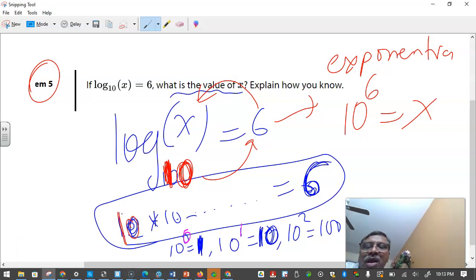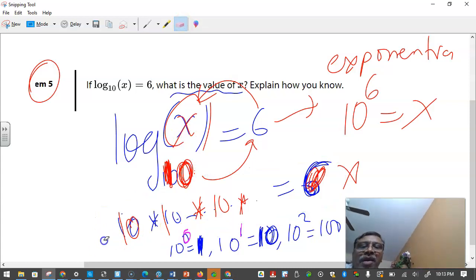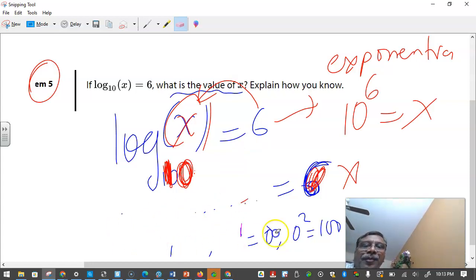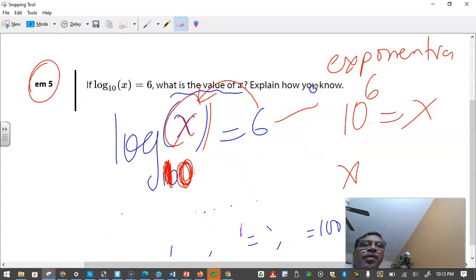This question is asking how many 10s do we multiply all the way to get this x. That's the question, this x, not that. So how many 10s do we multiply to get this x? So the best way is we'll try to write it in the exponential form. So we want to know what should be x, right?